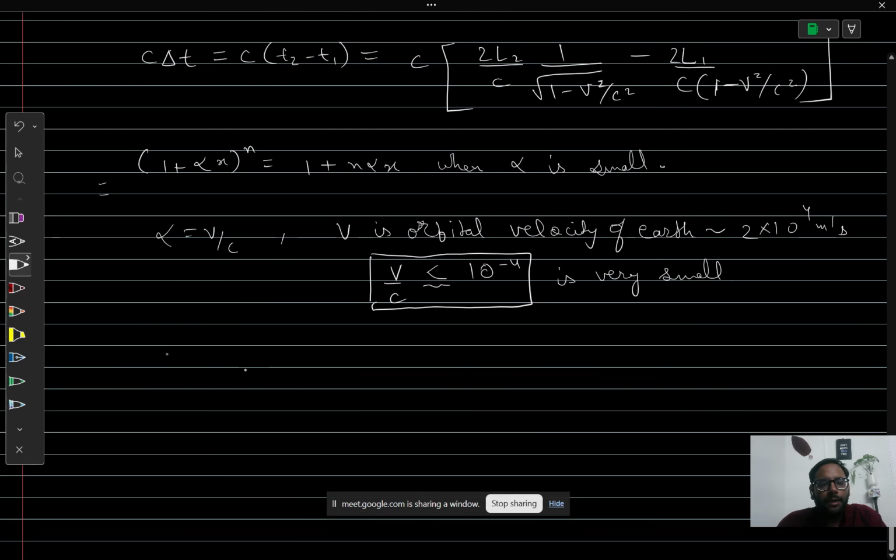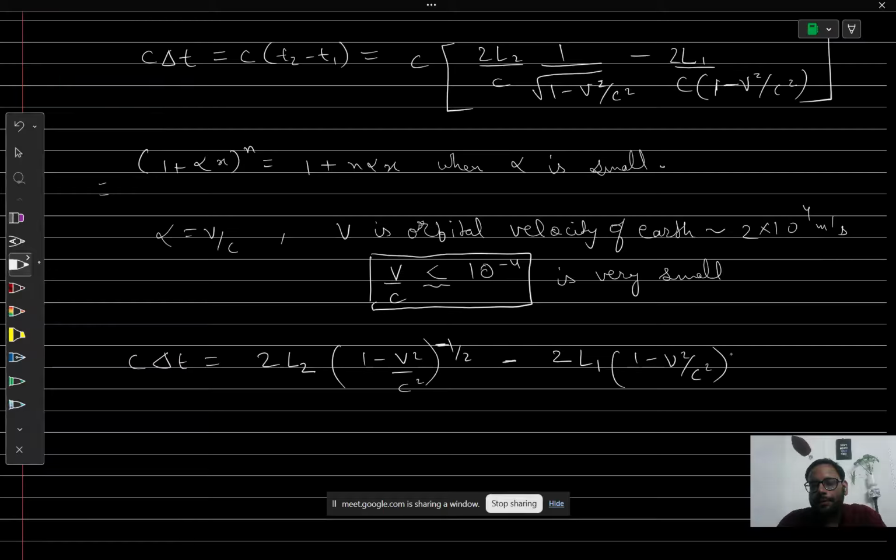So now our optical path difference will be 2L2, the c is cancelled out, so I can write it neatly now. 2L2 times (1 minus v squared by c squared) to the power minus one half, minus 2L1 times (1 minus v squared by c squared) to the power minus 1.